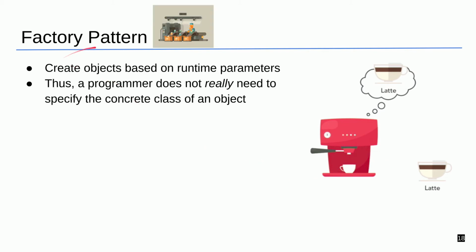This is where the factory pattern comes in, this idea that you can create objects based off of runtime parameters. Then the programmer really doesn't need to specify which concrete object to create. We provide an interface to a factory, go through the factory, provide some parameters, and based off those parameters, return a new object.